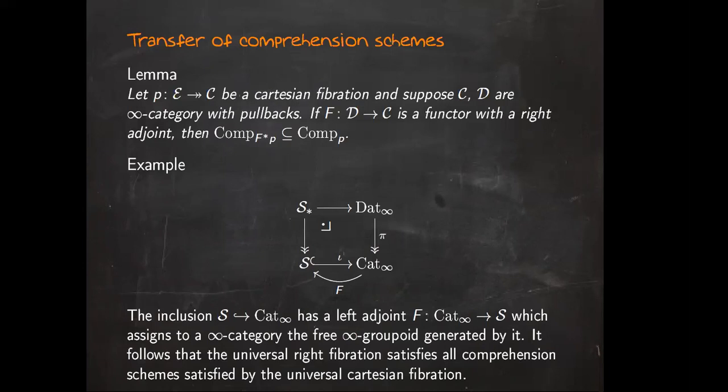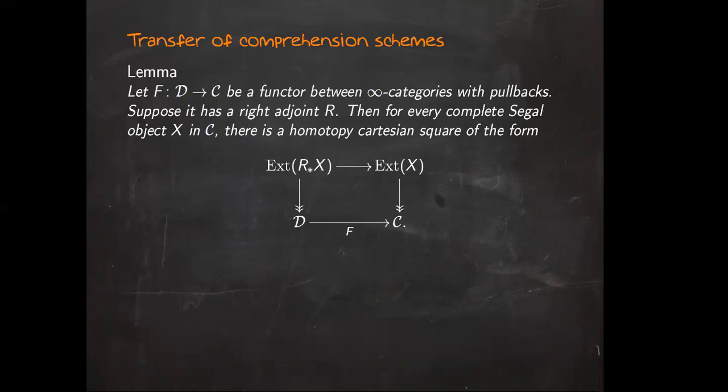One can be a bit more precise here and prove the following lemma, that again, if we have a functor with a right adjoint, and we have a complete Segal object in C, and we take its externalization and pull back the externalization, then the pullback of the externalization is just the externalization of its image under the right adjoint, right? So there is a commutativity here.